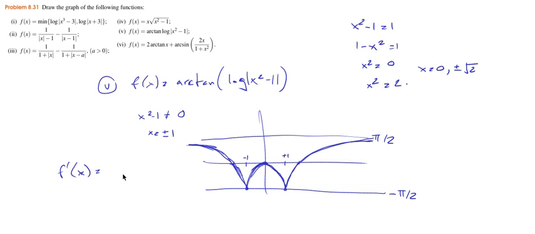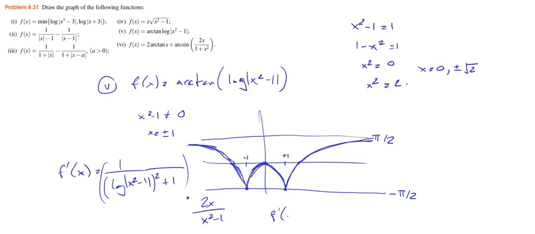The derivative here is going to be 1 over the logarithm of the absolute value of x squared minus 1, squared, plus 1, and then times the derivative of this, which is 2x divided by x squared minus 1. And so at 0, we have f prime at 0. This is going to be 0, so we have 1 times 0. So the derivative at 0 is the same for both sides, so it's okay. So this is going to be differentiable at 0. Okay, so that's it.